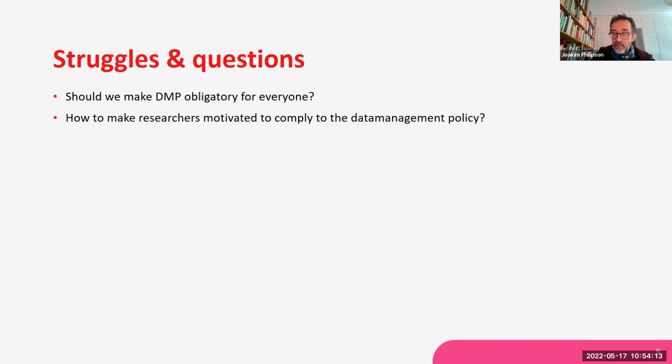So it's easier to review, and we have a semi-automatic schema for reviewing, so that we can see, for example, the level of fairness that the DMP represents if carried out as planned.